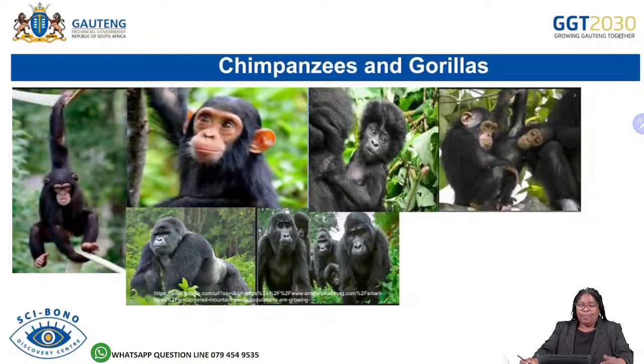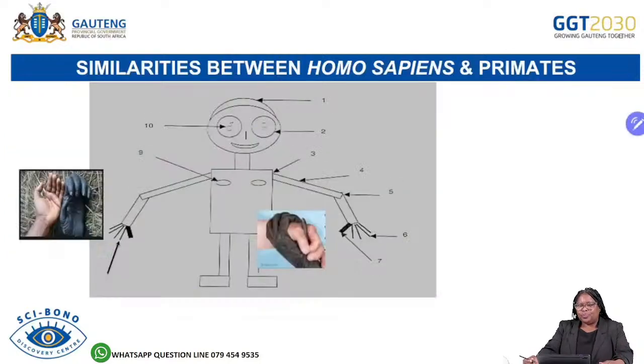Okay? But then, if you look at some of the characteristics, for an example, modern human, we are covered with skin. But if we look at the bottom there, or the top, all of those primates, the chimpanzee, you can talk about the gorilla, they are covered with what? With hair. Okay? So there are those characteristics that are the same between humans and other primates, and there are those that are different. All right?